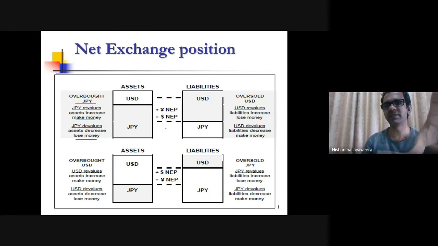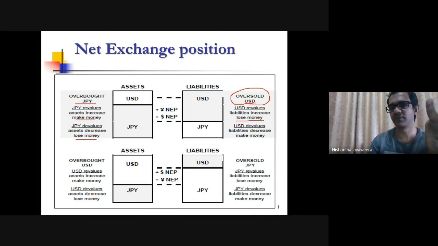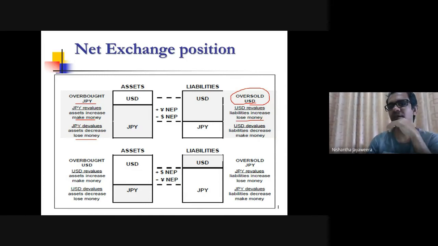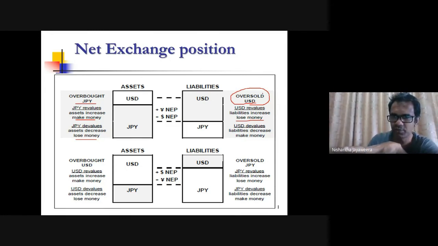But in the same balance sheet in terms of dollars, you have an oversold position in dollars. You have a short position, the oversold position, in dollars. If the dollar appreciates, you lose money. If the dollar depreciates, you make money, or you make a profit.